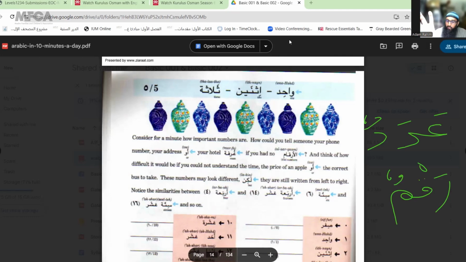This is the mufrad, the singular. Adadun, raqmun. If you notice here, they brought the word al-arqam, which is the plural. So the plural of adadun is a'dadun, and the plural of raqmun is arqam, like we have there.